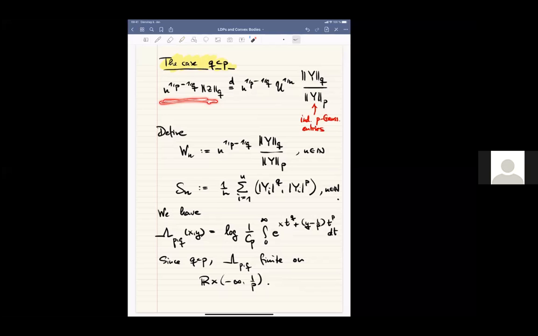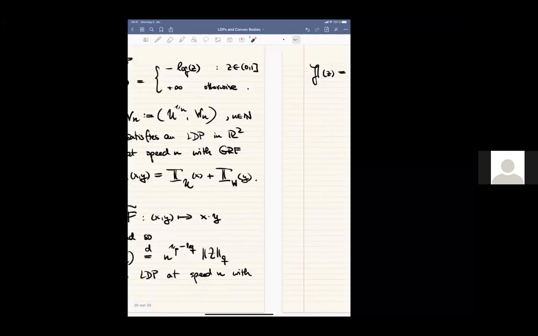And this worked nicely because q is less than p, and therefore we have finite exponential moments, at least in the neighborhood of 0, so we could apply Cramér. Things change now and get more delicate if q is larger than p, because we lose the exponential moments. So we cannot apply Cramér, or just the Cramér that I've presented, any longer.